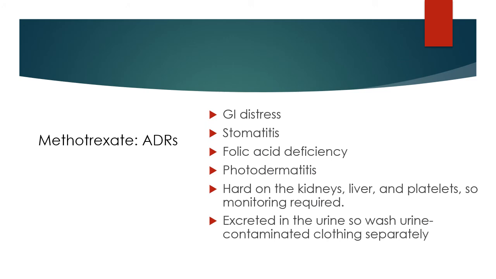ADRs are listed here. We do have to be concerned about GI effects. Still also need to monitor kidney and liver function as well as platelet function. And it is excreted in the urine, so it's recommended that you wash urine-contaminated clothing separately.